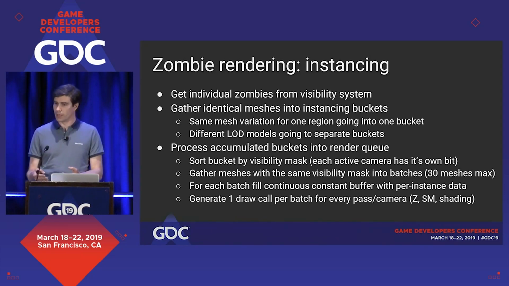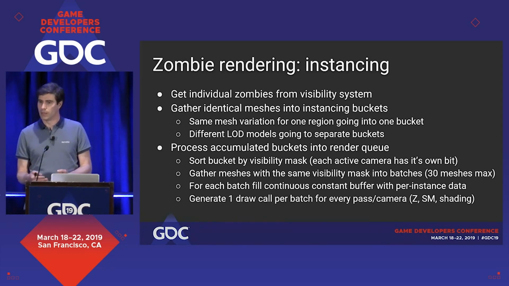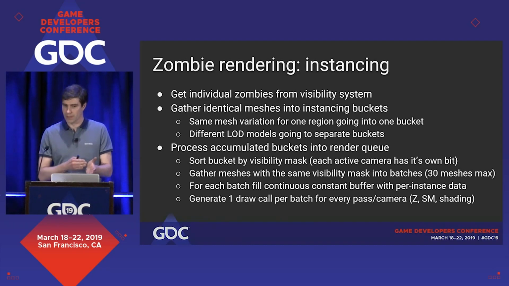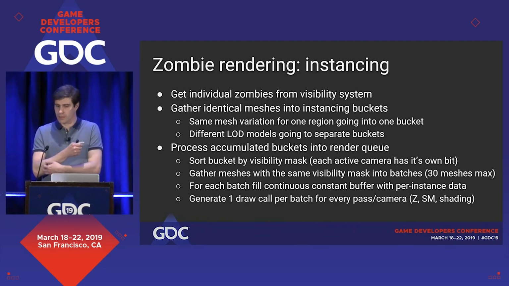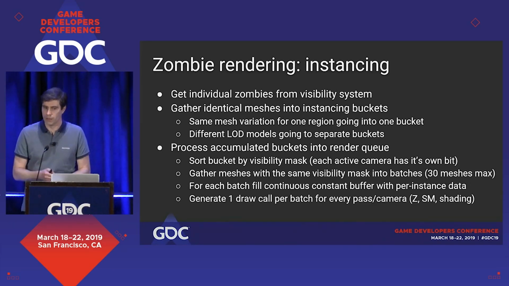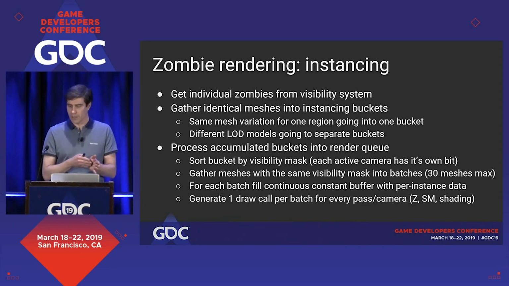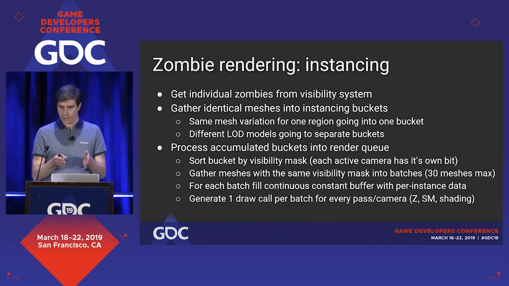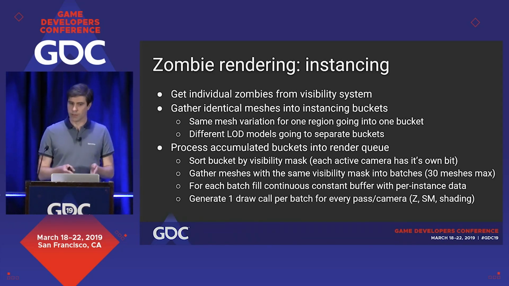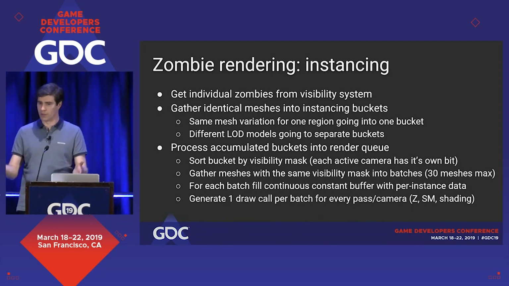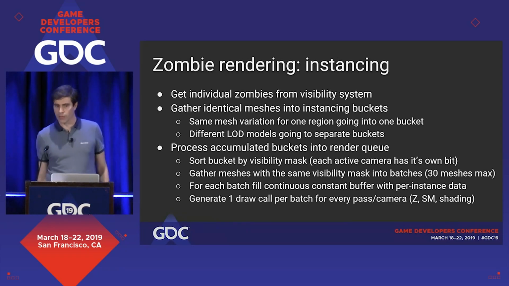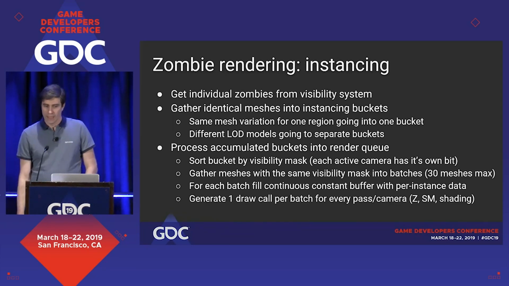So how do we do that? First, we take each bucket and sort this bucket by visibility mask. What's a visibility mask? Each camera that passes through the visibility system has its own bit in this mask. So essentially, we sort the bucket and, for example, separate meshes that are rendered into one camera or into two cameras or into all kinds of combinations of cameras.